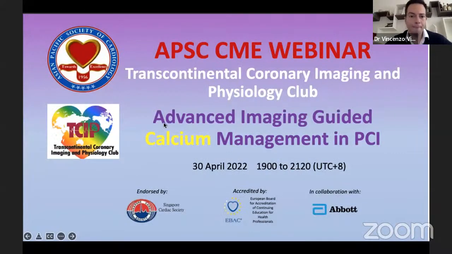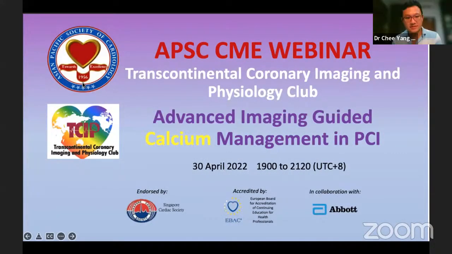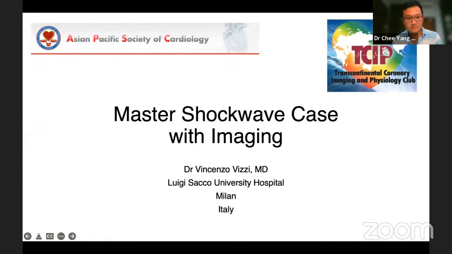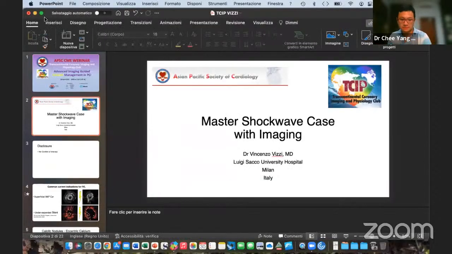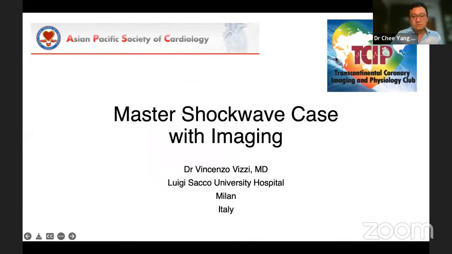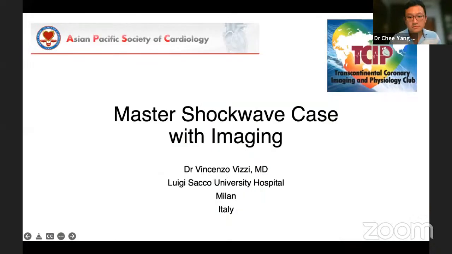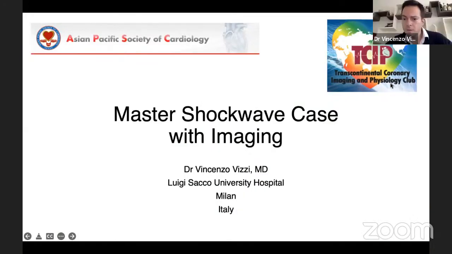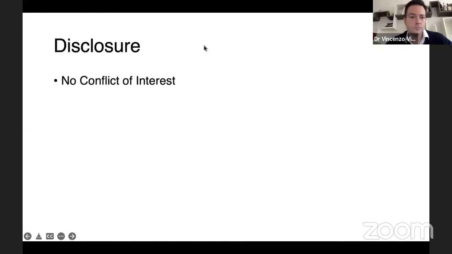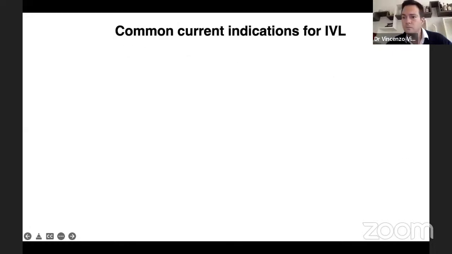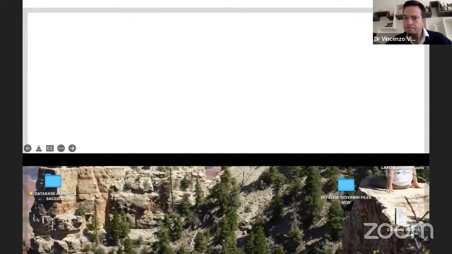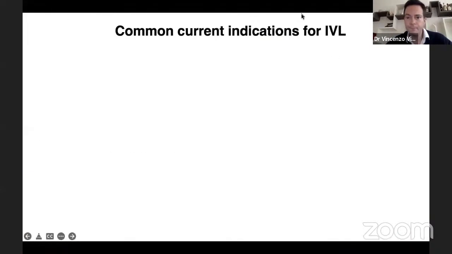Can you see my screen? Yes. Okay. Sorry, I'm trying to get rid of the Zoom panel.